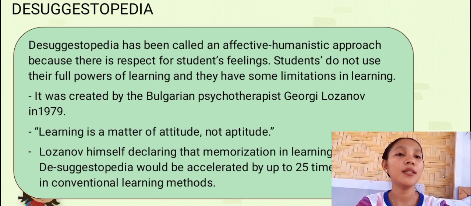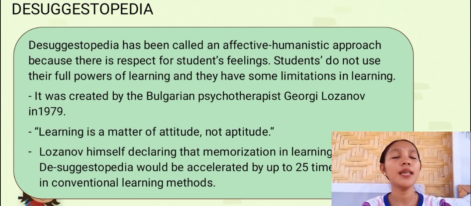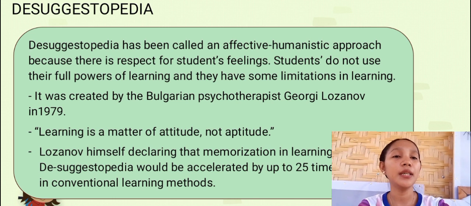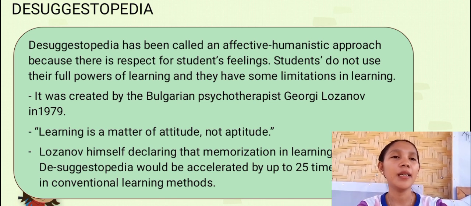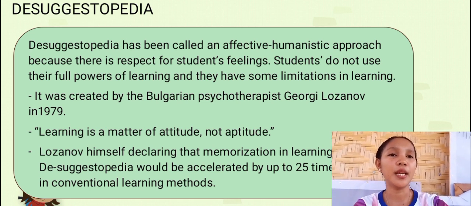When we say desuggesting limitations on learning, it involves actively addressing and dismantling learners' negative beliefs about their abilities. By creating a supportive learning environment and employing suggestive techniques, learners should be able to overcome their self-imposed limitations and tap into their full learning potential.